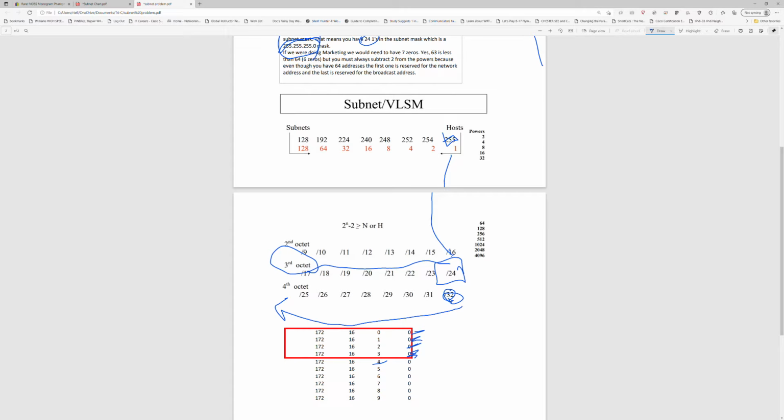Actually 254, but we only need 232. So I'm wasting a lot of addresses here. So the next step would be to do VLSM and take each one of those other subnets and further cut them down, the other slices, until we have slices that are just big enough to feed what we need.